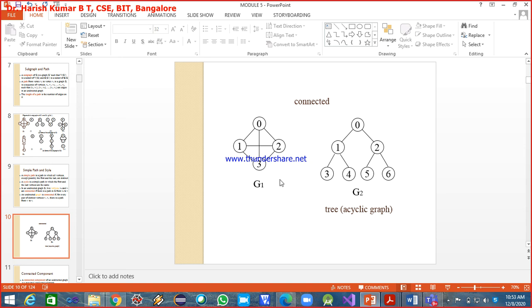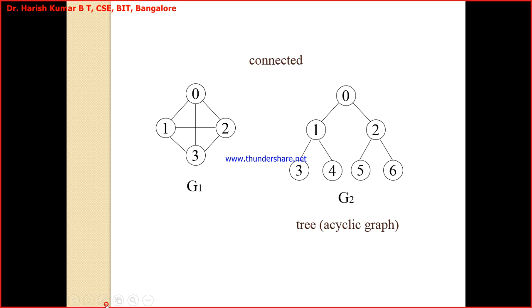So I'll say this is a complete, undirected, connected graph, and a cyclic graph. Let me write here, let me zoom full screen. So this one is a complete graph, and what type of graph?